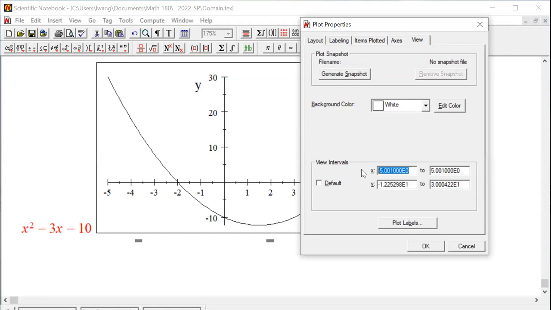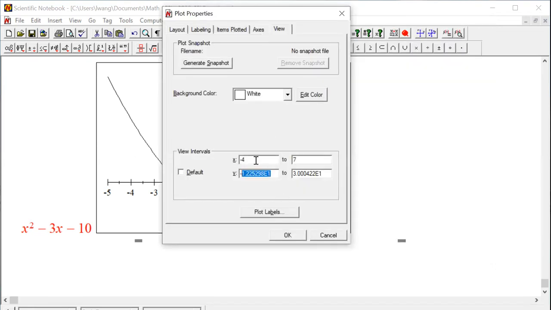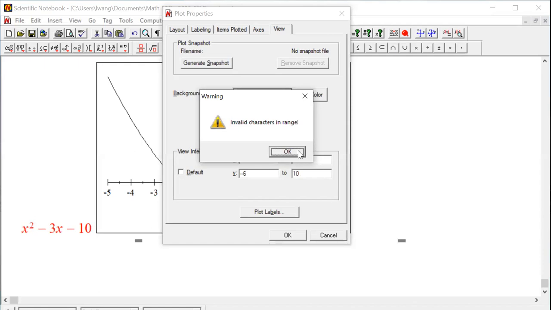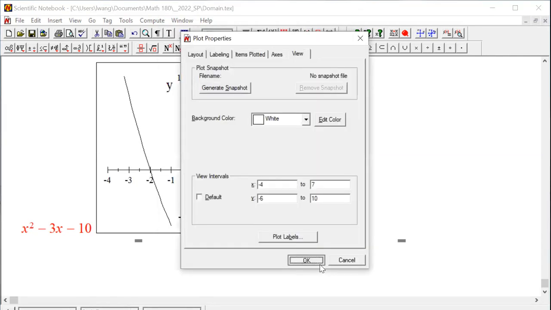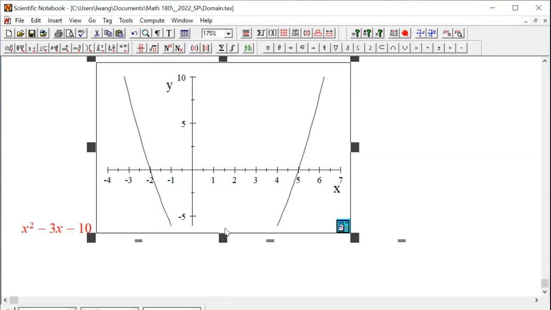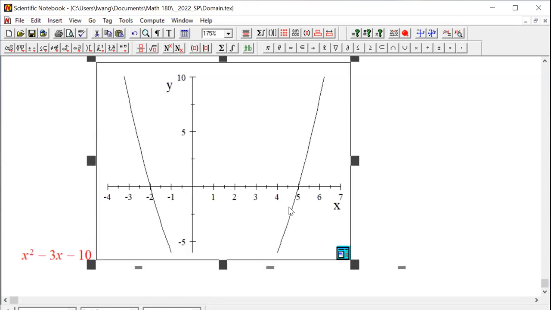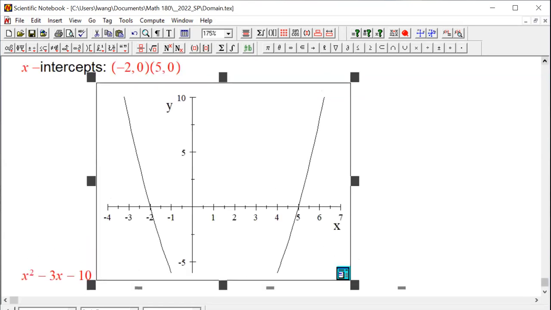I'm going to have, say, -4 here, maybe 7 there, right? -6 and 10. I just randomly put these numbers, and if it doesn't work, I just adjust it. Actually, even this picture is fine. Why? Because all I need is to determine which piece is positive.